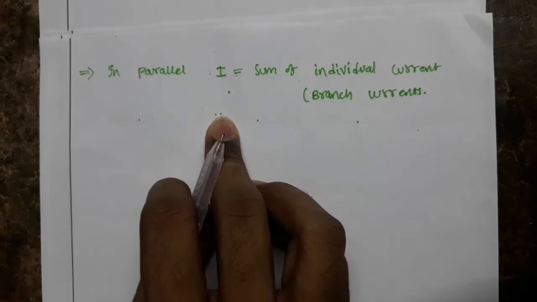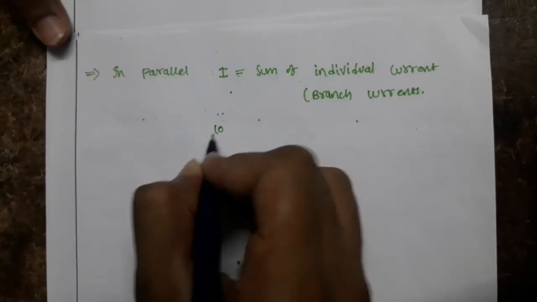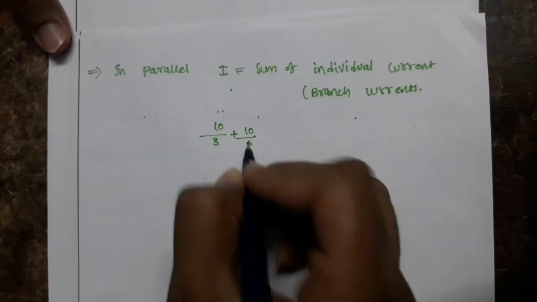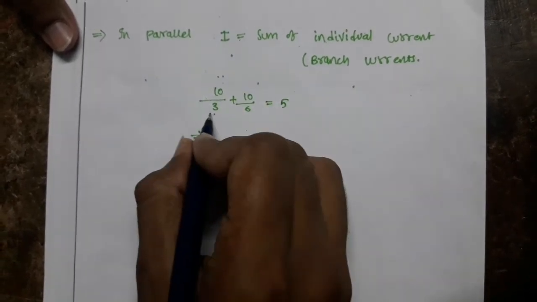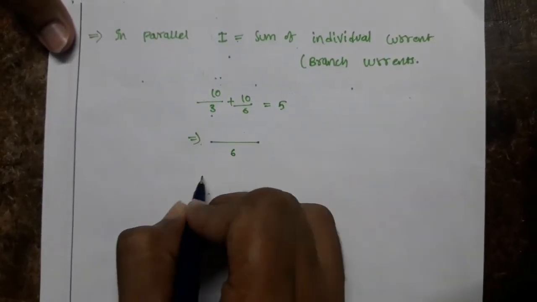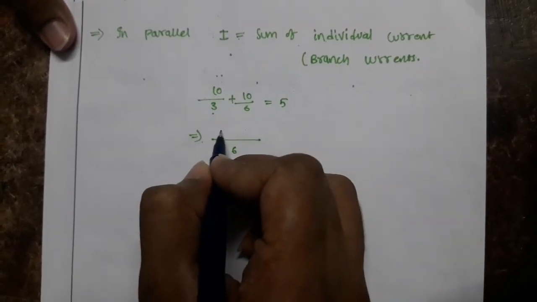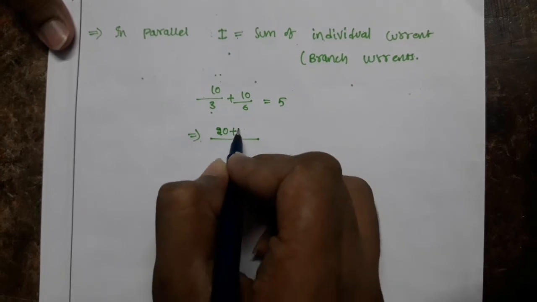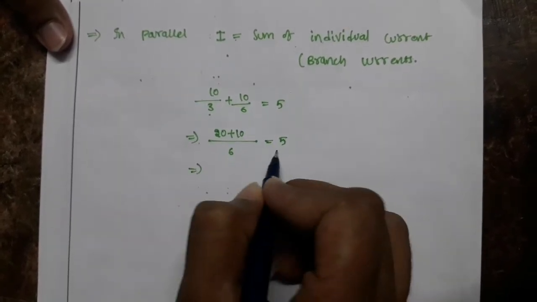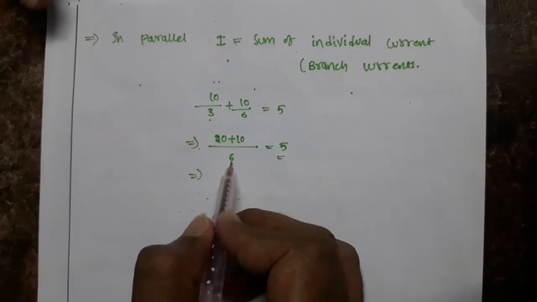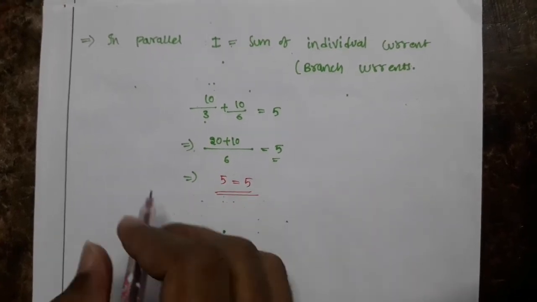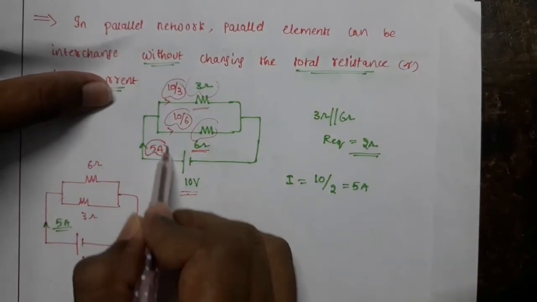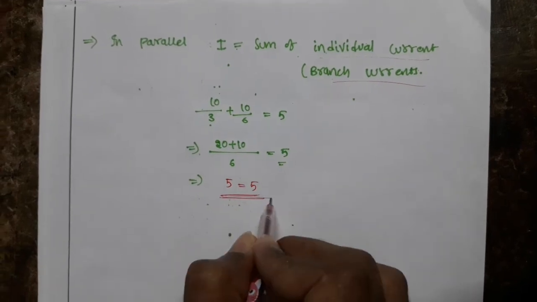Taking the LCM of 3 and 6, we get 6: 3 twos are 6, so 20, plus 6 ones are 6, which gives 30 divided by 6, and we know 30 by 6 equals 5, which is equal to 5 amperes. So the sum of individual currents, that is the sum of branch currents, is equal to the total current.